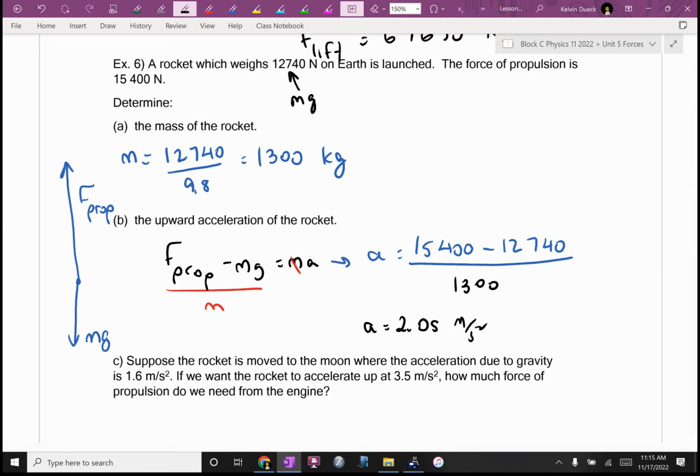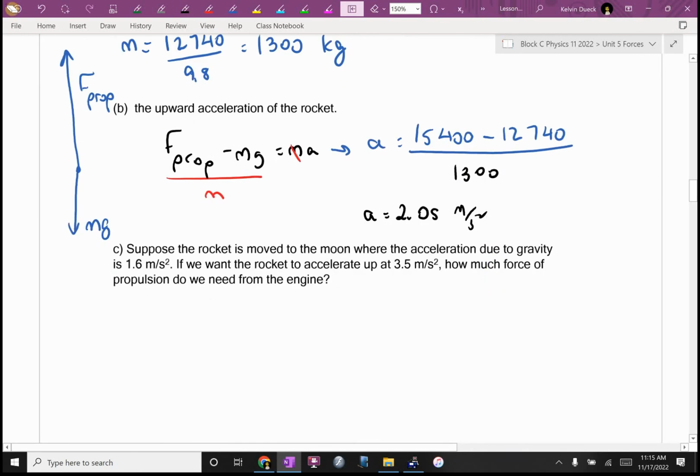Let's do a little more rocket science. Suppose we had the ability to take this rocket and launch it from the moon instead. Suppose we moved the rocket to the moon where the acceleration due to gravity is only 1.6. If we want the rocket to accelerate up at 3.5 meters per second squared, how much force of propulsion do we need from the engine? I think it's the same free body diagram.